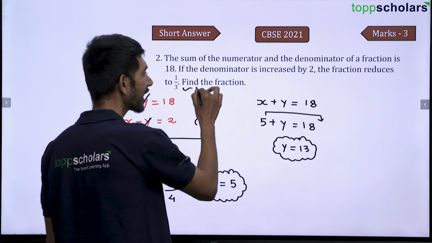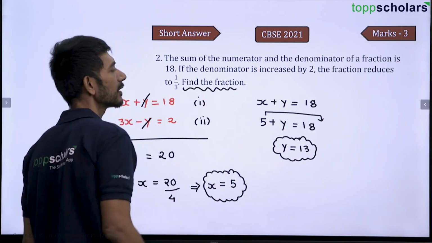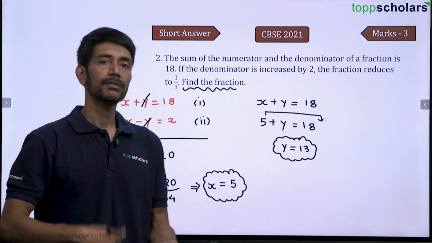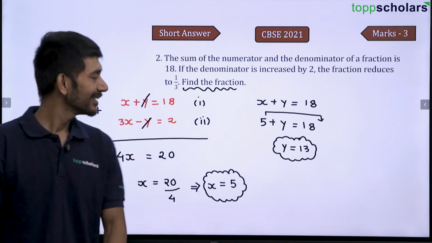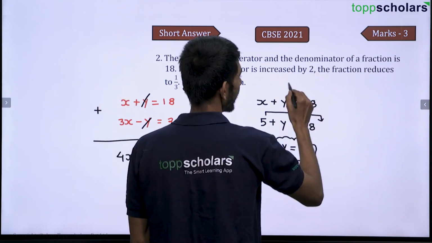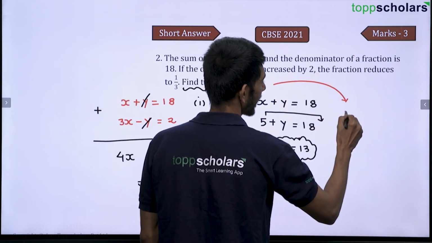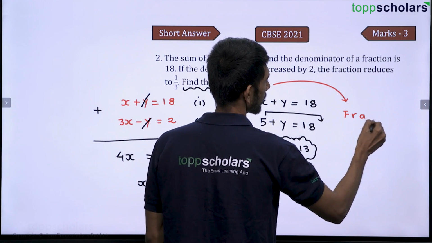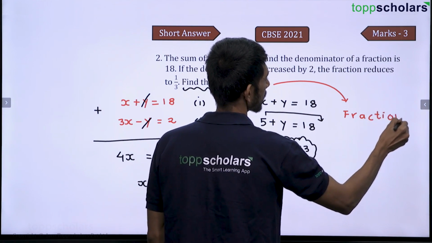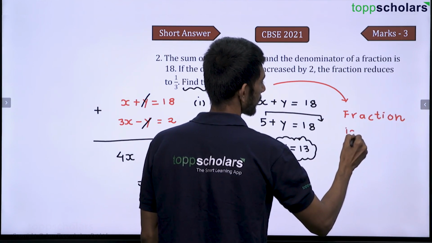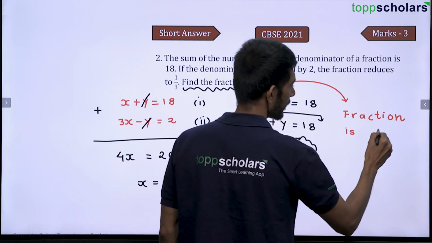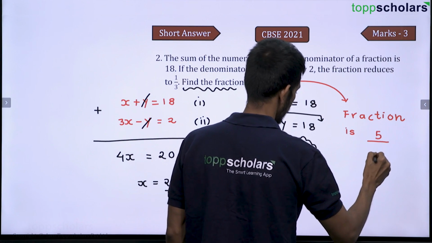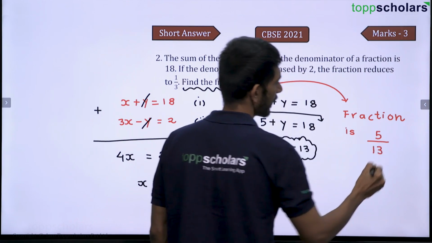The question says find the fraction. Don't stop here. Always remember, many of the children find out the value of x, find out the value of y and they stop there. Find the fraction, right? So can I say the fraction is x by y, five by 13.